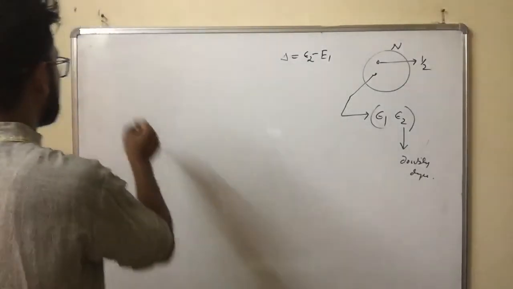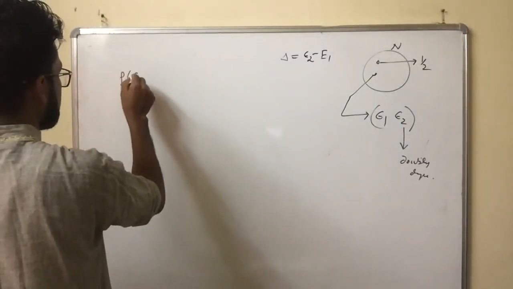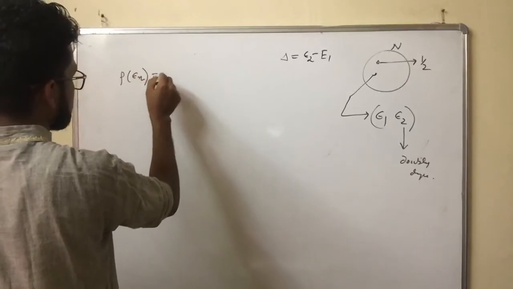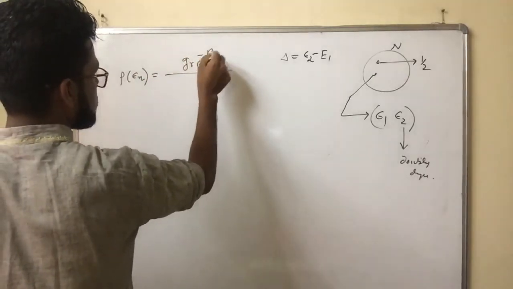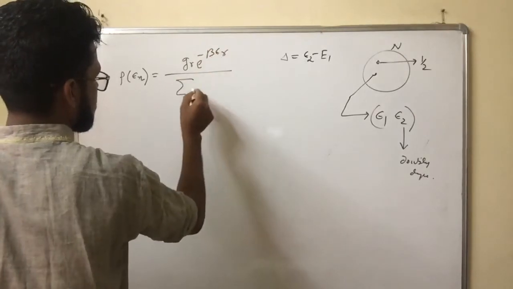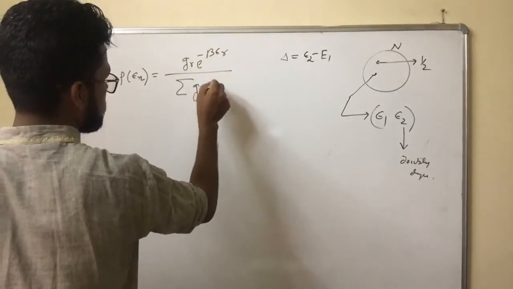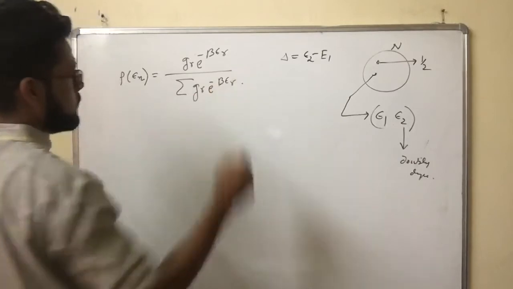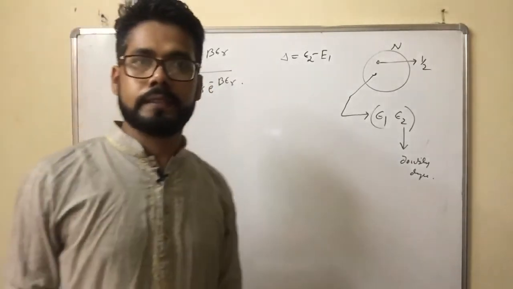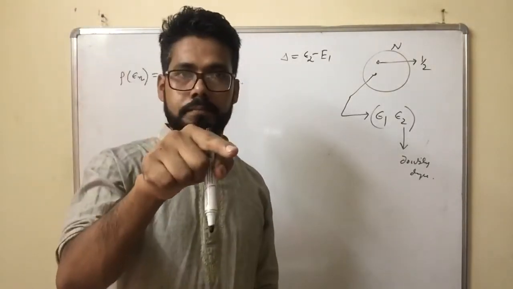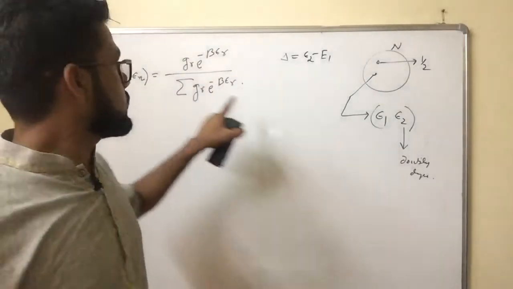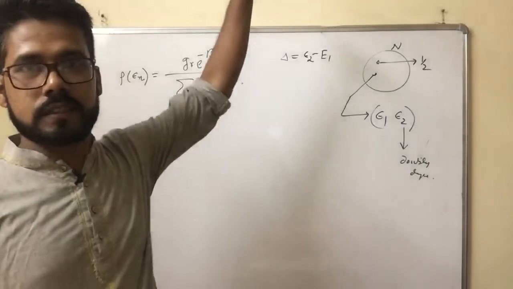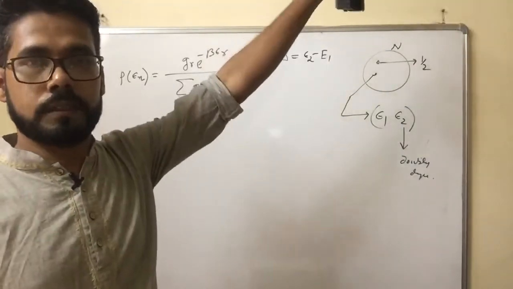So I will change the question. I have now written the general formula. See carefully: e to the power minus beta ER times GR over the sum of GR e to the power minus beta ER. This is the formula of probability in case of a degenerate system. You can remember the same formula. When the system is non-degenerate, GR equals 1, and we can remove the GR, so it is similar to the previous formula.